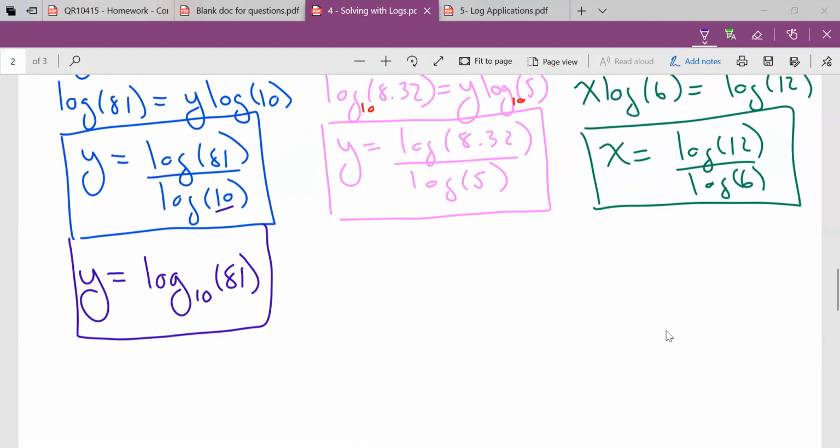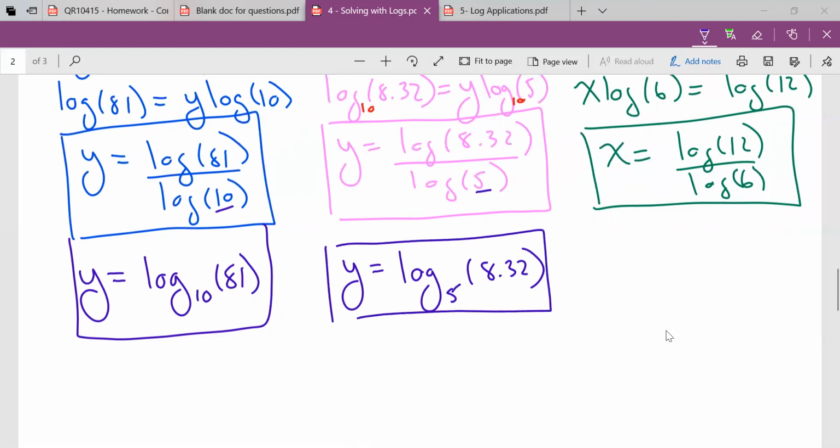Let's do a couple more just to make sure you have this, because this is an important skill. So again, if I want to simplify what's here, the argument of my numerator, the 8.32, becomes the argument of my simplified log, and the argument of that log there becomes the base, just like that.